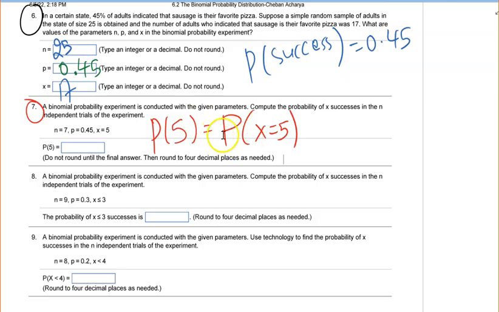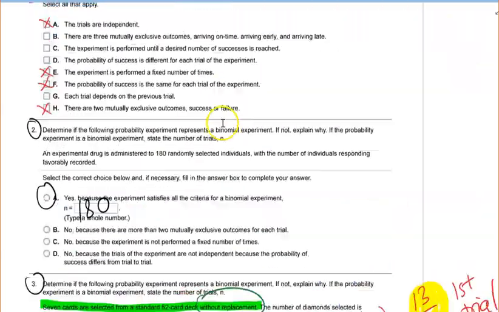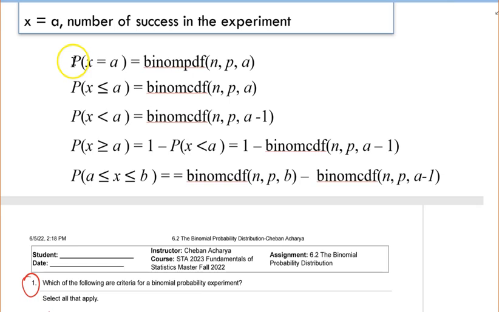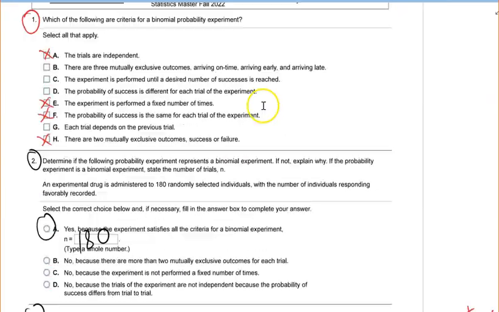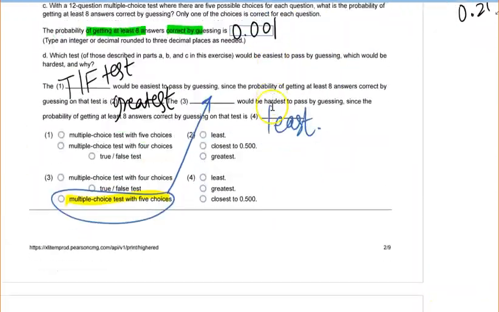Okay, and to do that, let's go back to the function, and here is the function for probability x equals 5, which is the one we're using. Binomial PDF. Notice that everybody has CDF here, right? Except this one has a PDF. Binomial PDF, n, p, a.